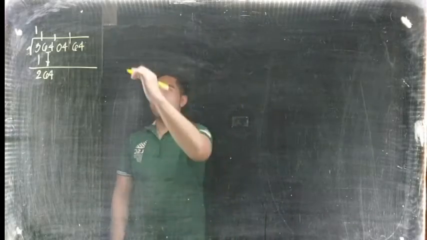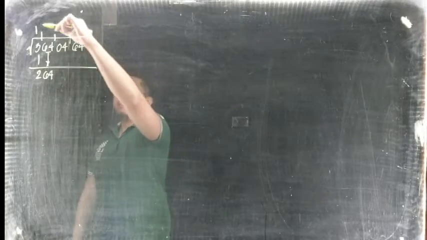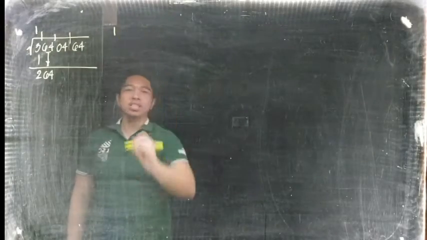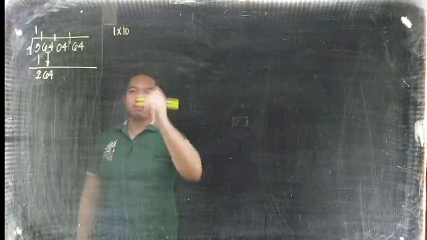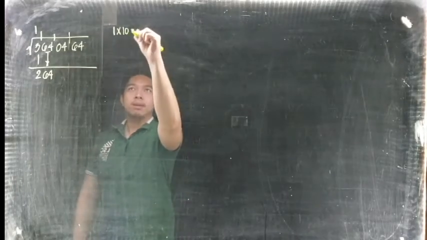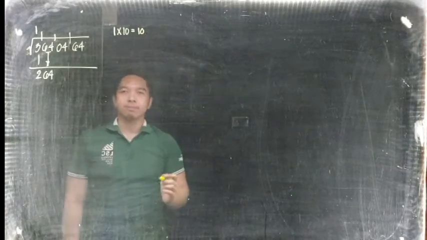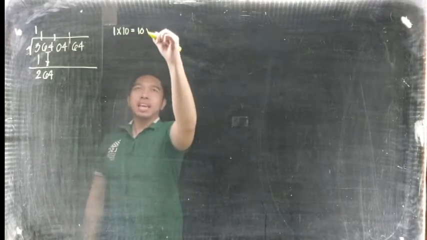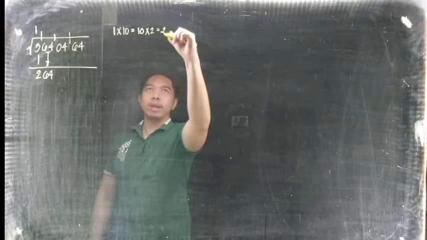Please take note. So, that would be yung digit na inassume mo times 10. So, 1 times 10, so that is equal to 10. And then, itatimes mo siya sa 2. So, therefore, we have here 20.